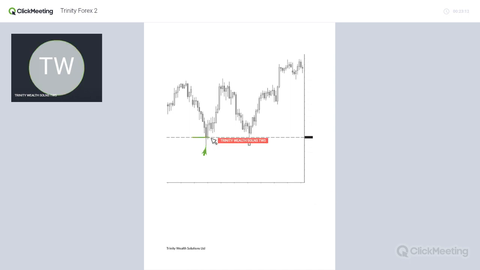That's our support line. But the second bottom, you can see the candle closed a few pips away from the support line, about here. So it's a double bottom, but the second bottom is slightly higher than the previous one.